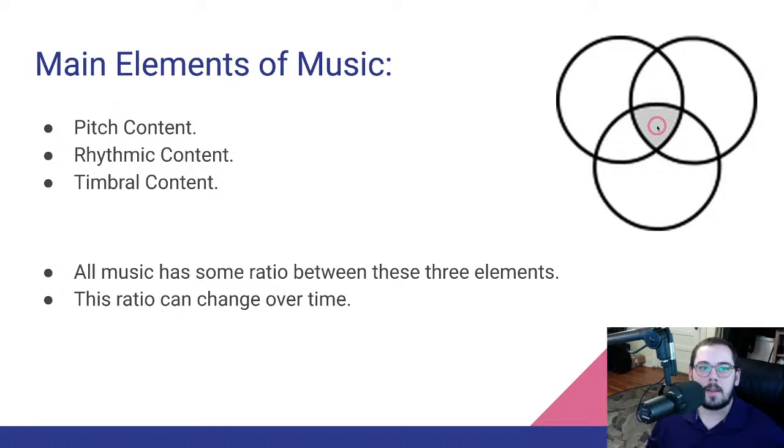Drone music, say, has pitch and timbral content, but no real rhythmic content. Noise music is all timbre and rhythm and not real pitch, or things like that. It can be all kinds of different combinations. I'm not saying that your music has to have this exact element in it, or these things.